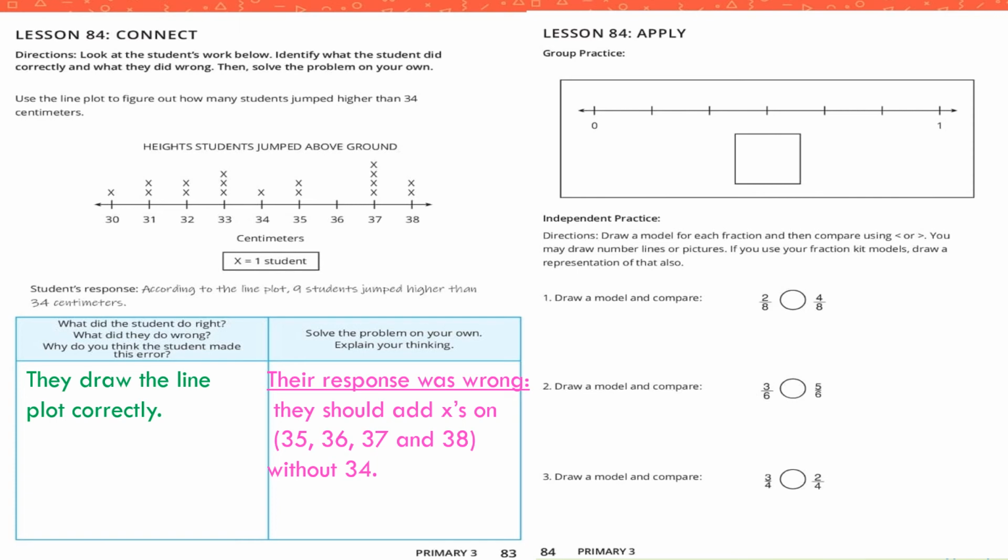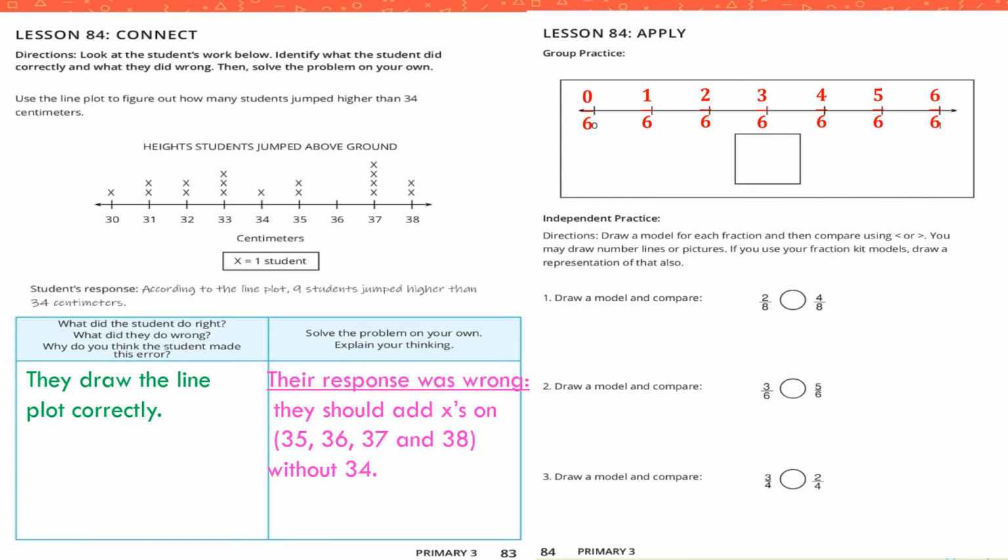The next page, the apply part. Group practice, we have a number line. Let's count, this number line is divided into how many parts? 1, 2, 3, 4, 5, 6. So let's label each dash by its fraction: 0 over 6, 1 over 6, 2 over 6, and so on till 6 over 6.